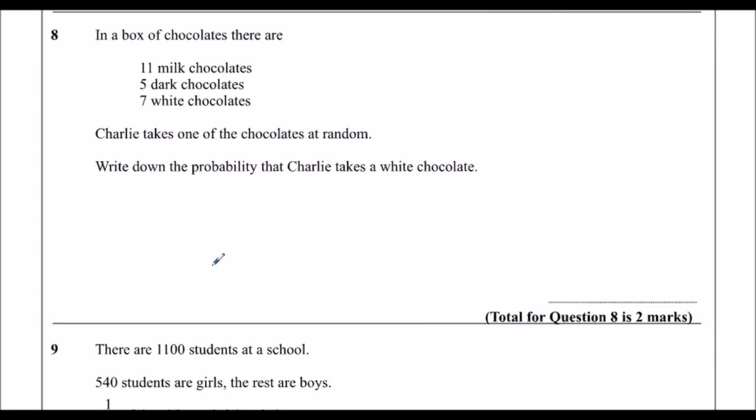Question 8. In a box of chocolates, there are 11 milk chocolates, 5 dark chocolates, and 7 white chocolates. Charlie takes one at random. Write down the probability that he takes a white chocolate. So there are 7 white chocolates out of how many in total?